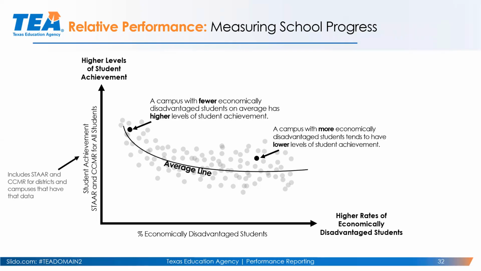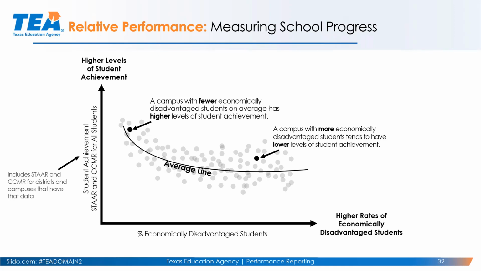So we know that generally a campus with fewer economically disadvantaged students has higher levels of student achievement. And generally a campus with more economically disadvantaged students tends to have lower levels of student achievement.